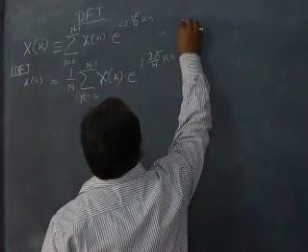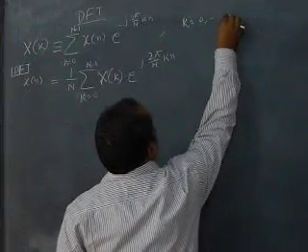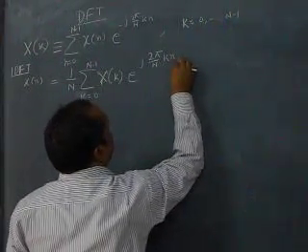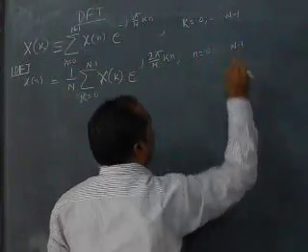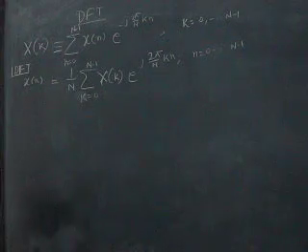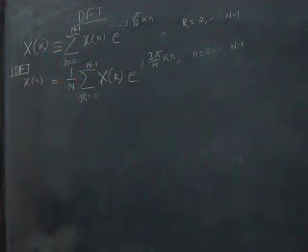And here we have not described the range of k, and this k will be from 0 to N minus 1, and here n will be 0 to N minus 1. So this is the DFT and this is the corresponding IDFT.